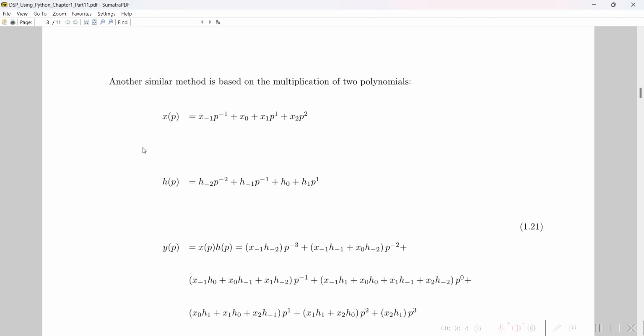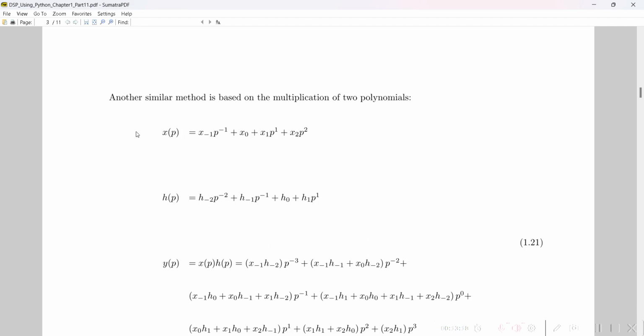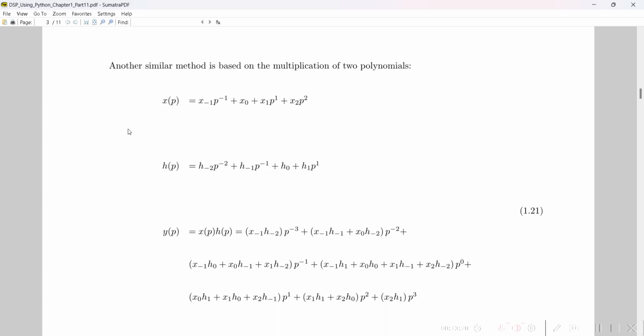What about another method? Another similar method is based on the multiplication of two polynomials. High school mathematics, very simple. Just present inputs as polynomials. X of p, where p stands for polynomial.